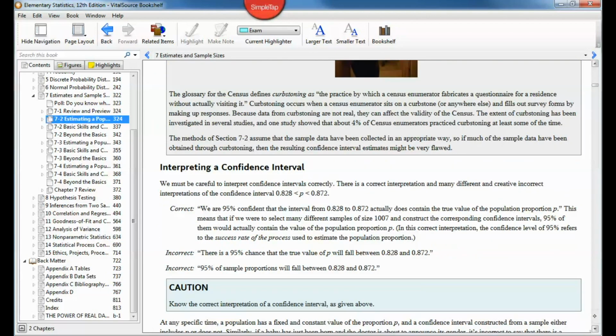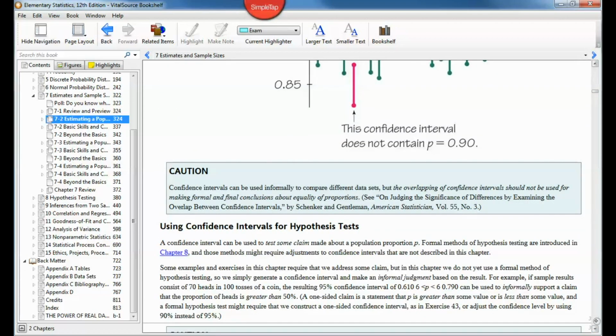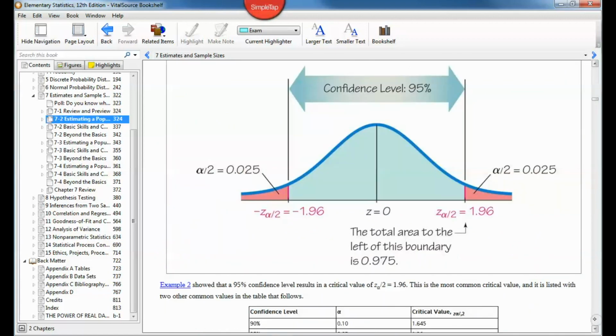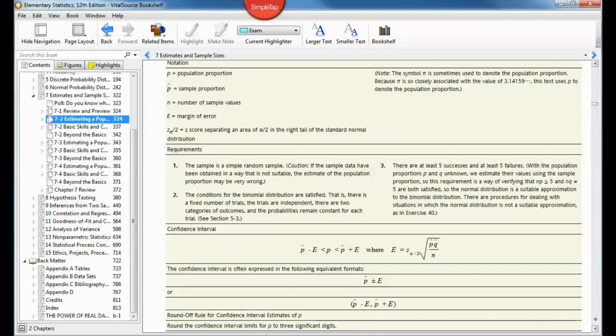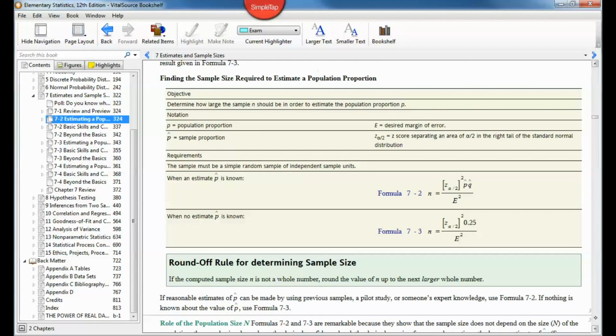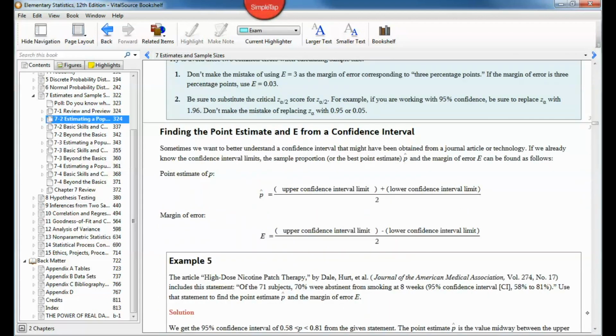So if we have the confidence interval, how can we figure out the p hat and the margin of error? To find the point estimate, we say the upper confidence limit plus the lower confidence limit divided by 2. To find the margin of error, we say the upper confidence limit minus the lower confidence limit divided by 2.